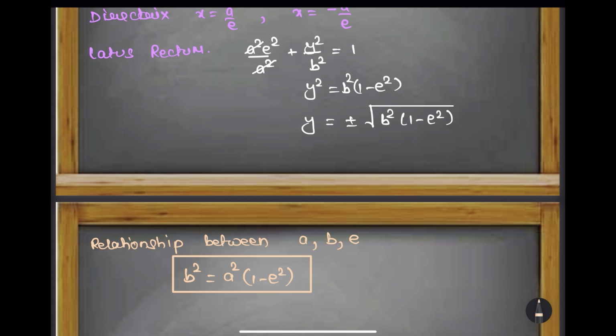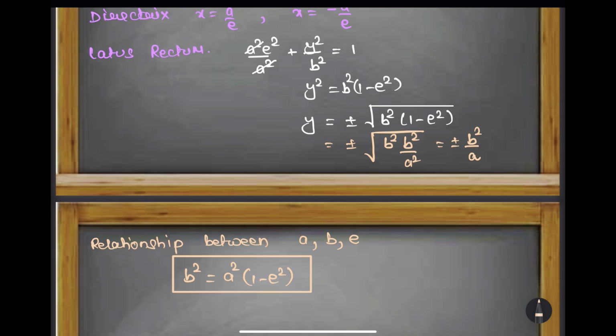So in place of 1 minus e square, you can write this plus or minus b square by a square, correct? Or you can go with b square by a, that is plus or minus.